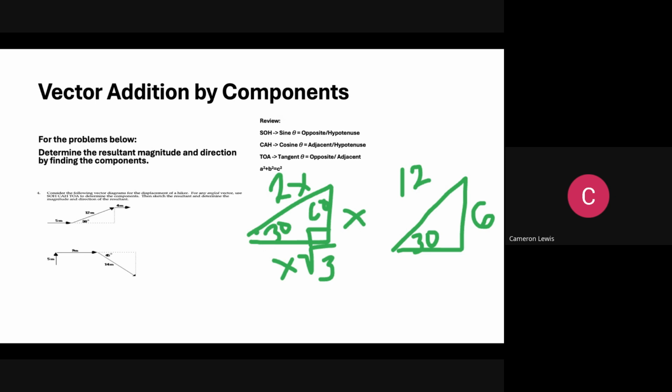That's over here, right? Now over here on this one, it's X times root 3. We just found out that X is 6. So on this line right here, it should be what? Root 3, but times what? Times 6. So I'm going to write that here.